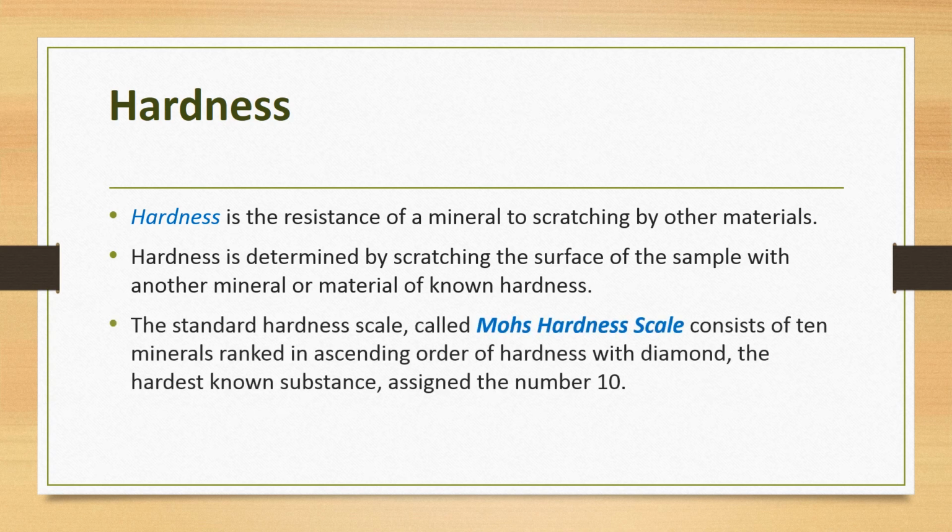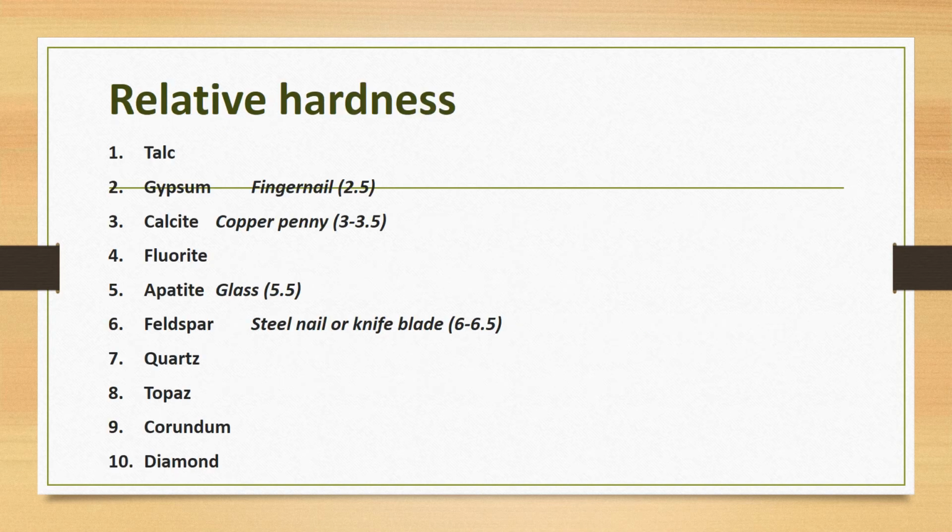This is called the Mohs hardness scale. It starts from 1 and ends at number 10. Here is the scale, as we mentioned: talc, gypsum, calcite, fluorite, apatite, feldspar, quartz, topaz, corundum, and diamond.